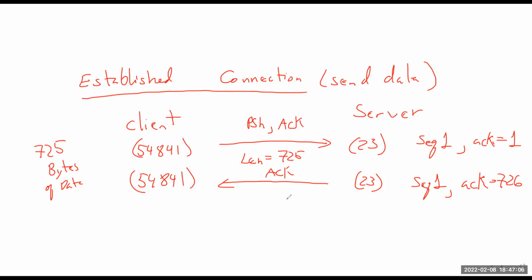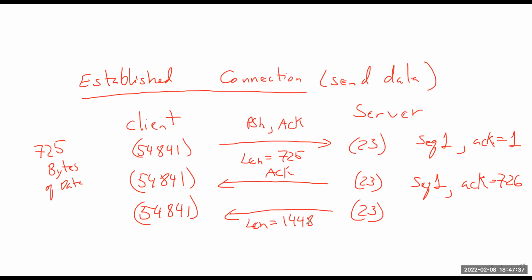Additionally, to make it more interesting, let's say that the server sends data because you typed ls -l, and ls -l is actually a whole bunch of files, right? So you're actually going to send data in this direction. There's another transmission here where the length of the data is going to be, let's say, 1,448 bytes.